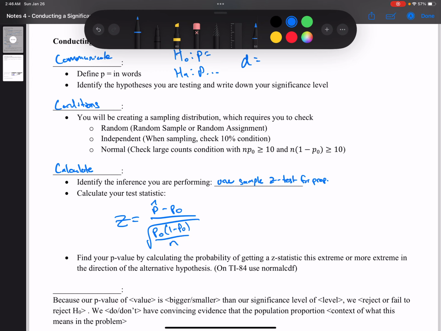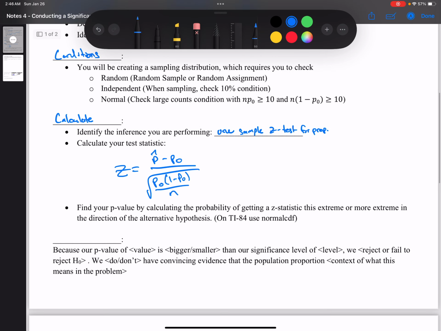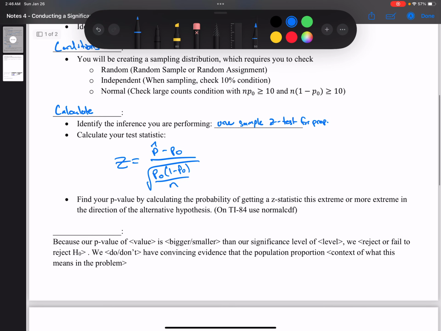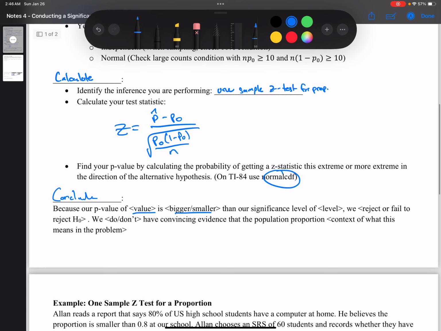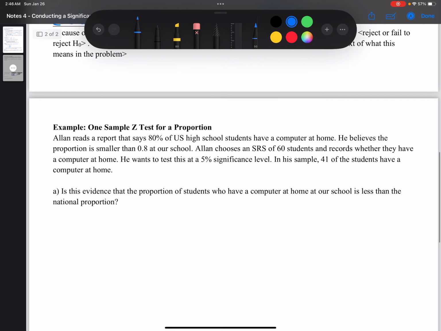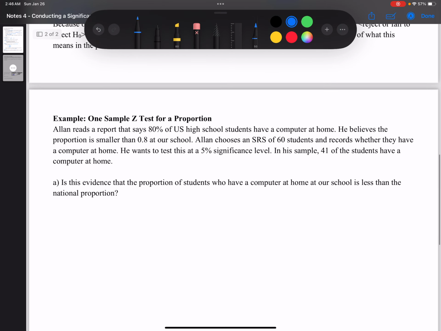Okay, either of those would be sufficient. Okay. All right, then you're going to find your p-value by calculating the probability of getting that z statistic. And then that's where we use that normal CDF. Okay. And then finally we conclude, and this includes that nice script that has all the things that you have to fill in the blank with.